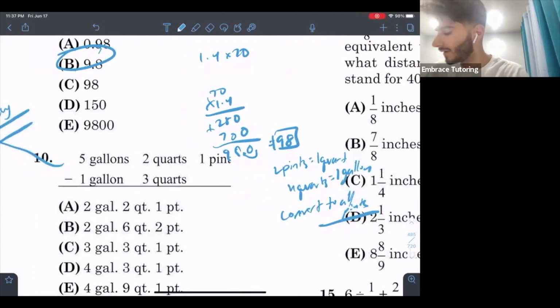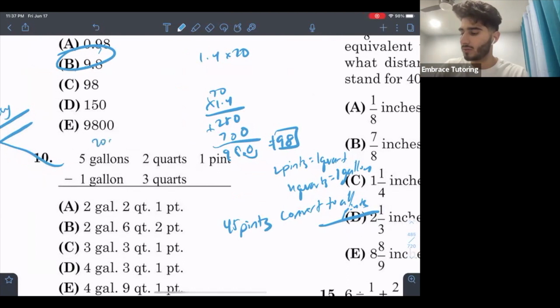So you have 5 gallons. 5 times 4 is 20 quarts. 20 plus 2 is 22. 22 times 2 is 44, 45 pints, right? Because there's 22 quarts, times 2 is 44 pints, plus 1 is 45.